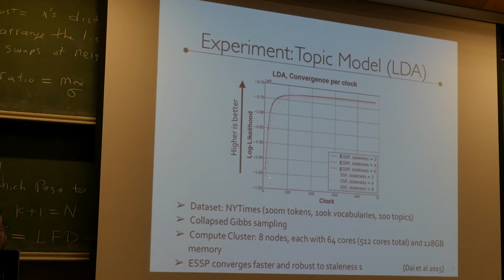There are a couple of cases here. There's stale synchronous parallel, which I've talked about. There's something called eager stale synchronous parallel, which basically means you call a push to indicate that it's okay to start transferring values.